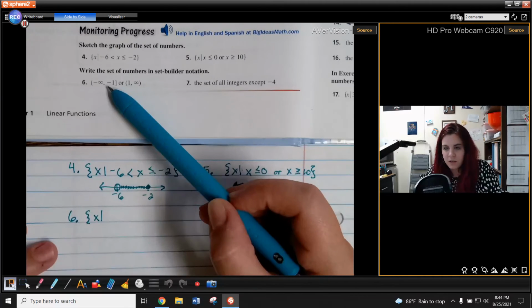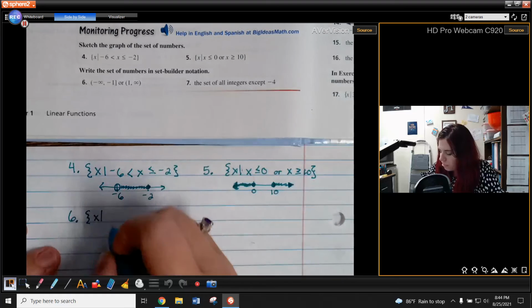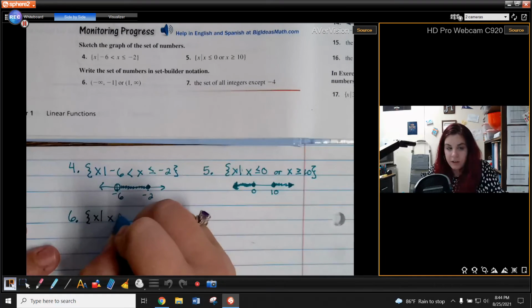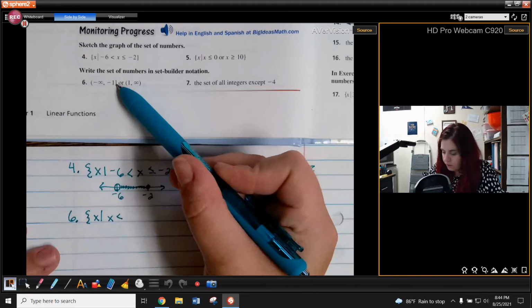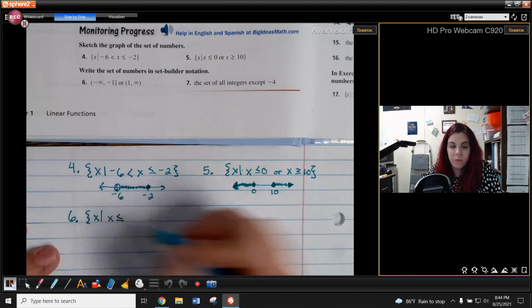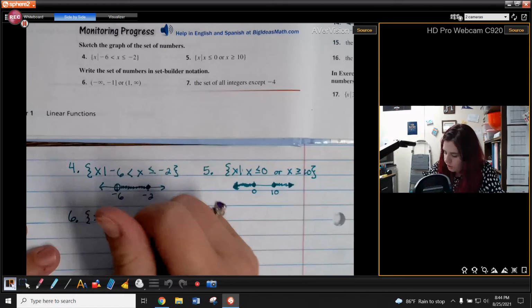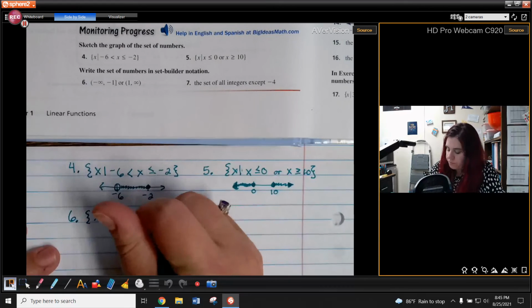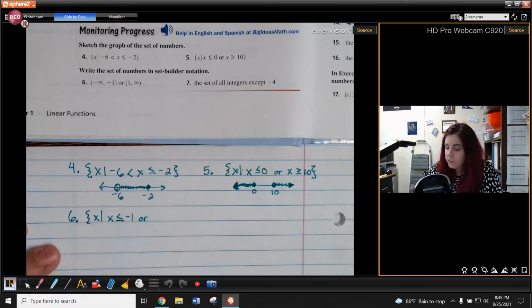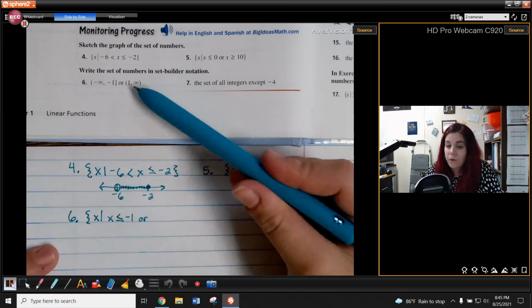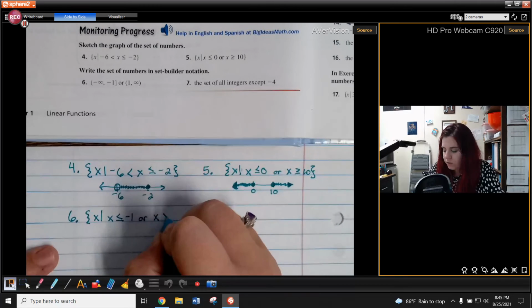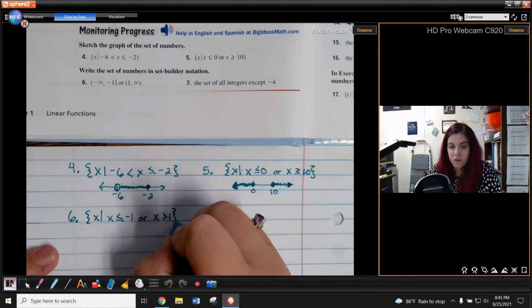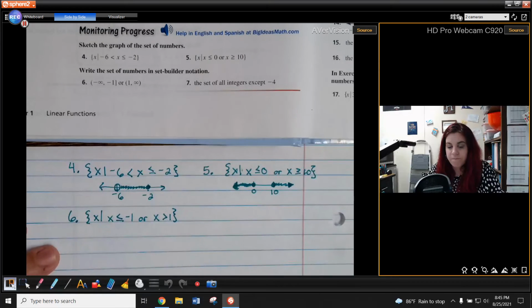So I'm thinking we say that x is less than, and because there is a bracket right here, I'm going to have an or equals to -1. But then we have to talk about this other side, or x is bigger than 1. So we're going to say or x is greater than 1. Close those braces.